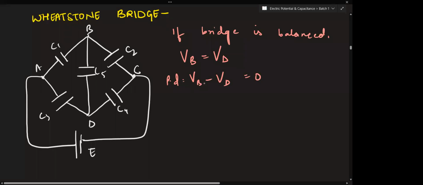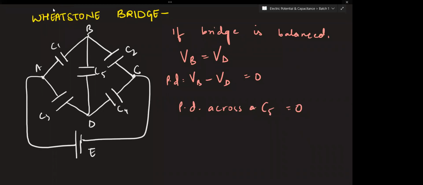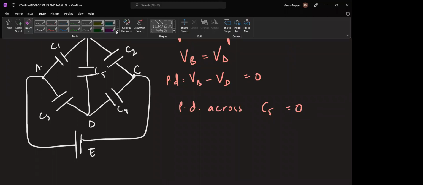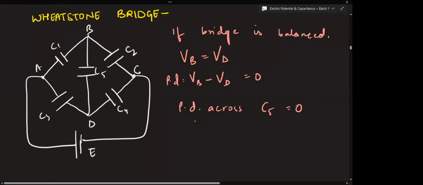This will be 0 because both are the same. Potential difference across C5 will also be 0. Some conditions, just remember this, at least if not in your exam, then at least it can help in your remembering for the next chapter.